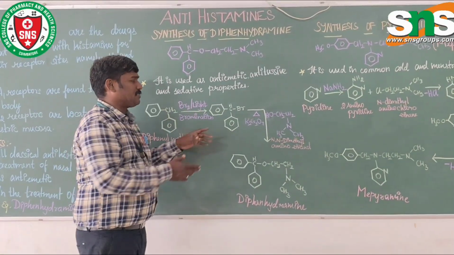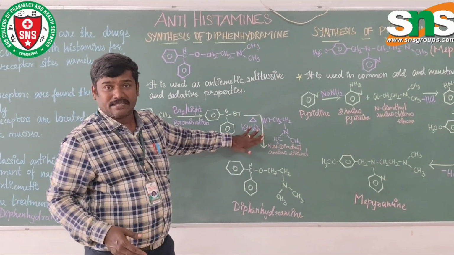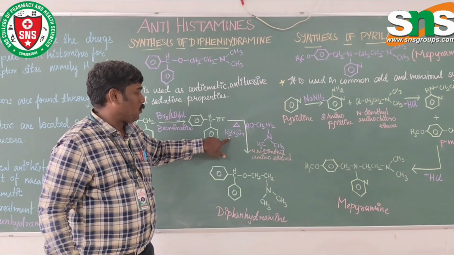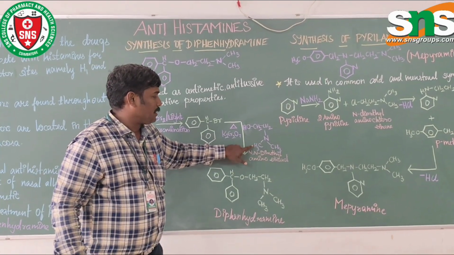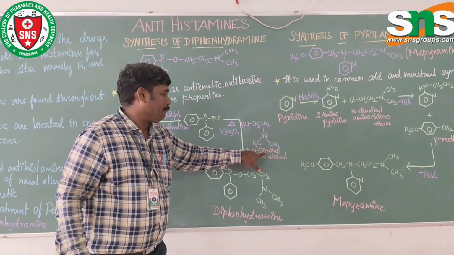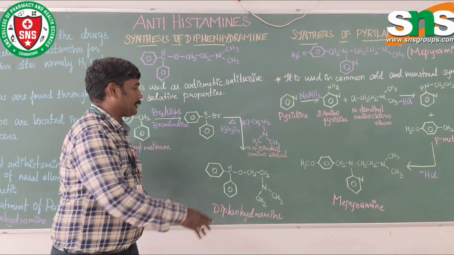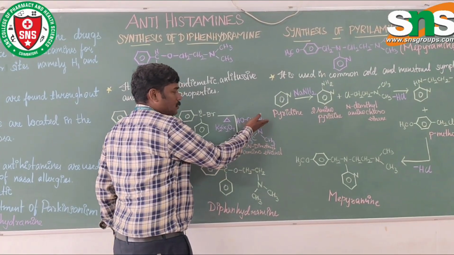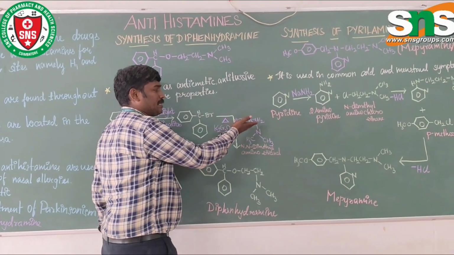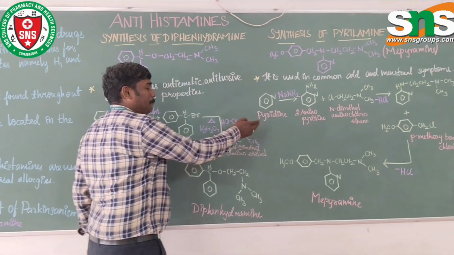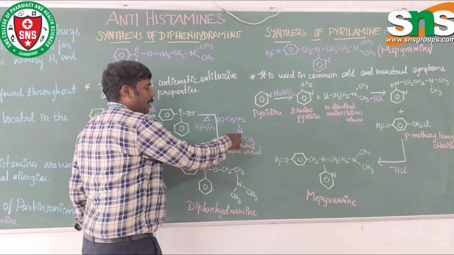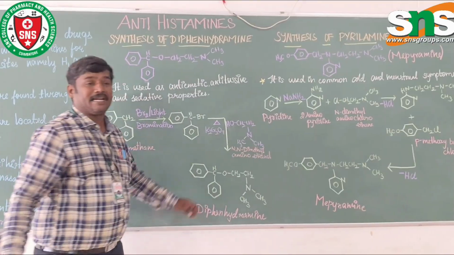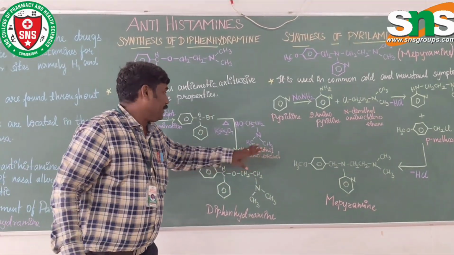The next stage is that we are doing the reaction with potassium dichromate, and we are also using the compound N,N-dimethyl amino ethanol. Here NCH3CH3 will be present, and CH3CH2OH means it is ethanol. One hydrogen is replaced by this dimethyl amine, hence it is known as N,N-dimethyl amino ethanol.